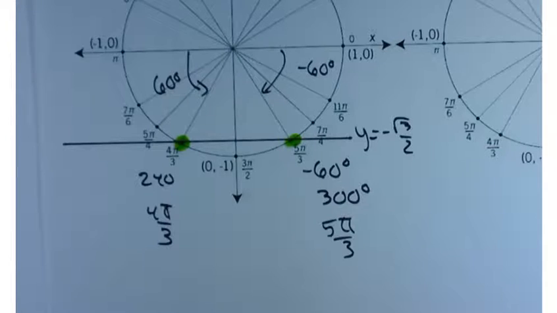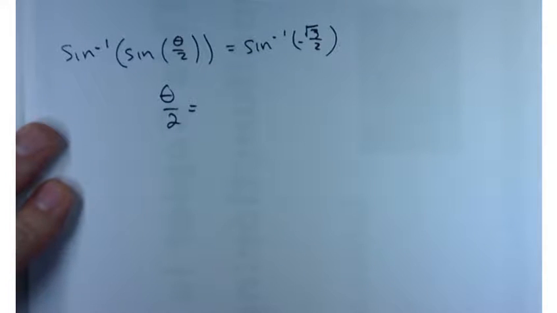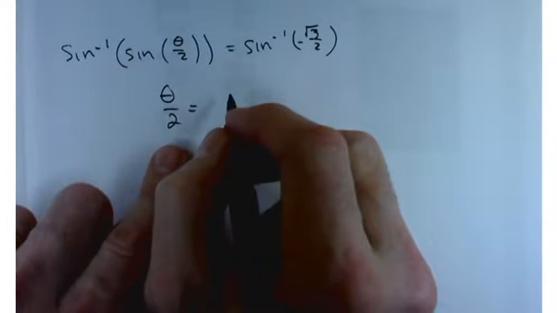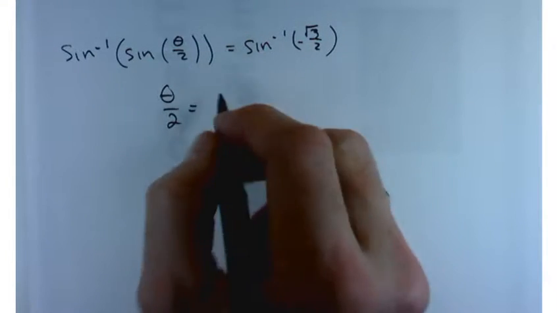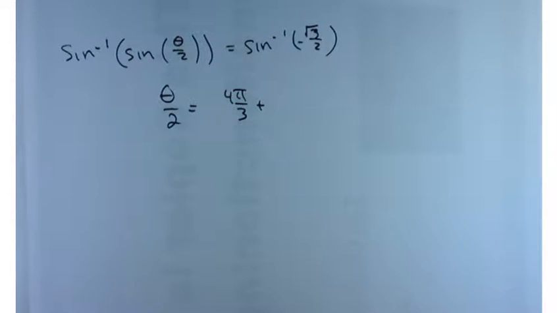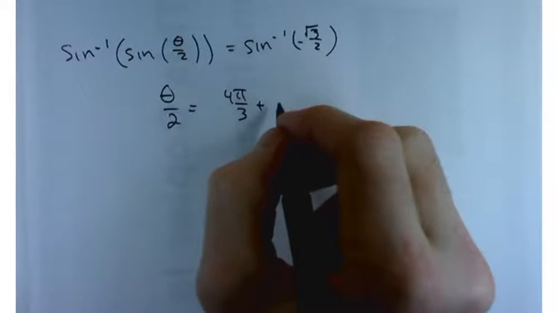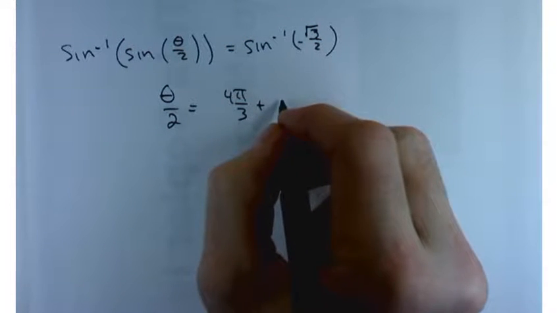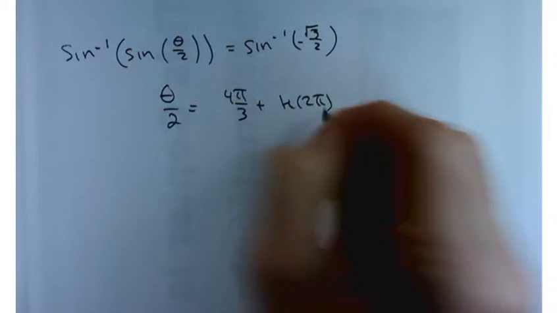So this one little problem has two possible solutions. 4 pi over 3 and 5 pi over 3 are the possible answers that you can get from the inverse sine of negative root 3 over 2. So theta over 2 is going to be, let's start with 4 pi over 3 plus, and this is going back to our conversation earlier, Michael, multiples of 2 pi.